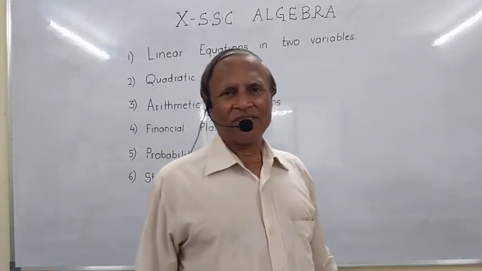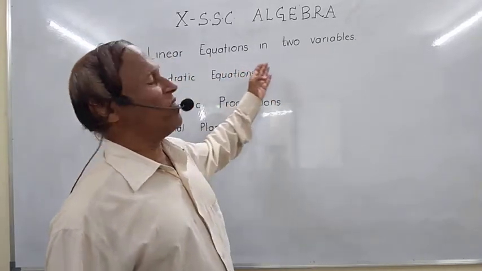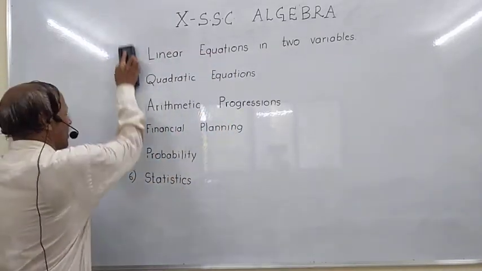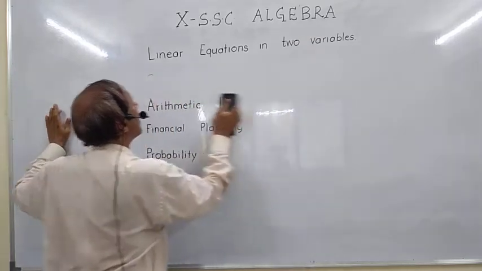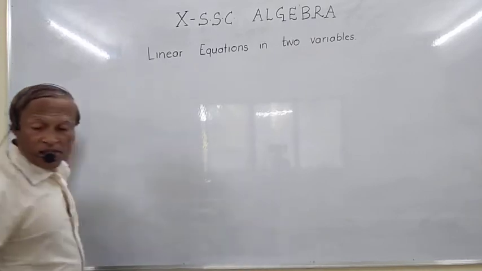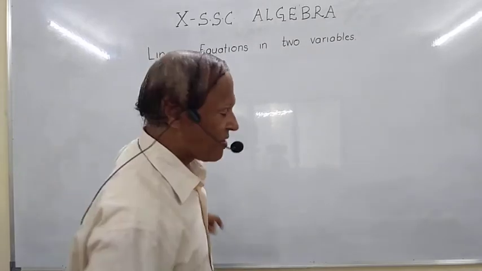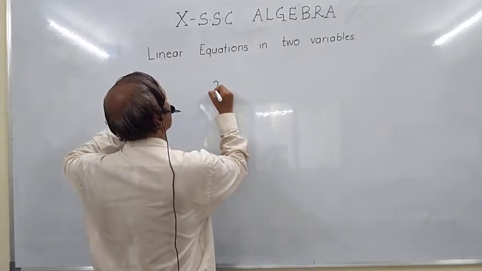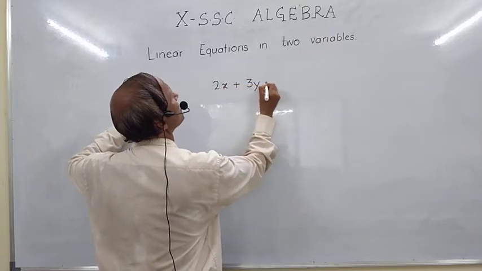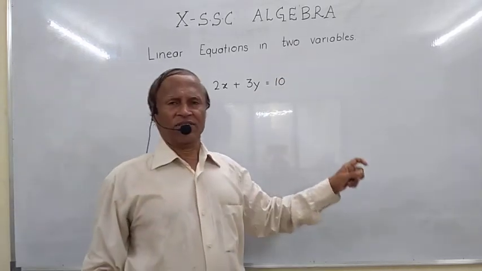Let us start with first chapter, that is linear equations in 2 variables. Suppose you are given an equation of the kind 2x plus 3y is equal to 10, then this will be a linear equation.